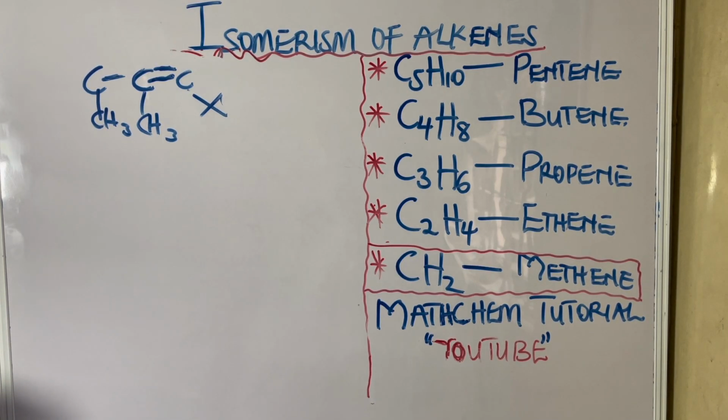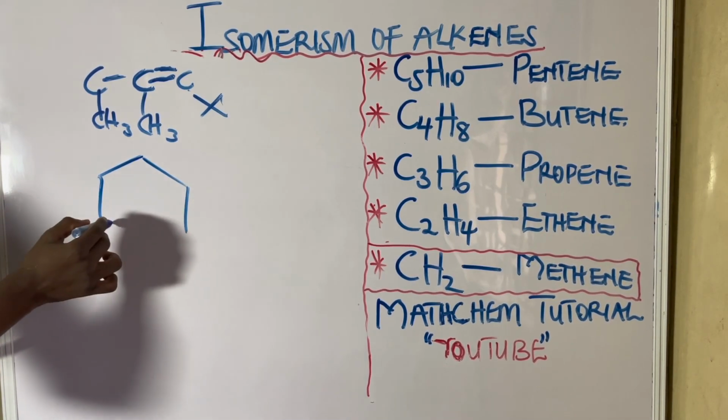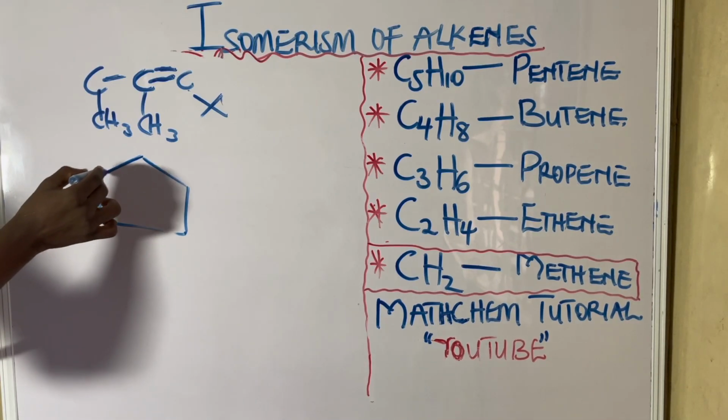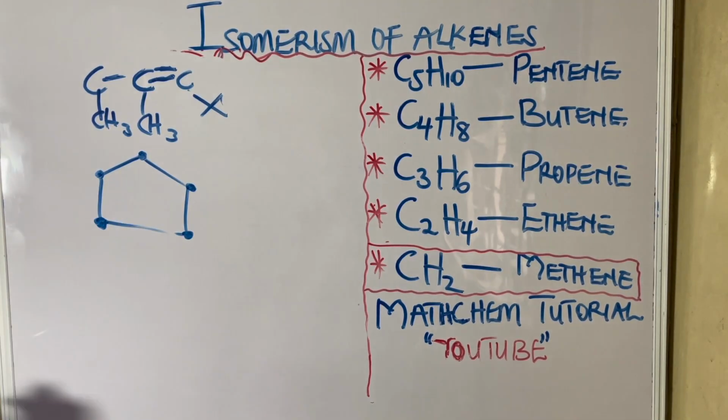So what am I going to do? The next isomer I can see from C5H10 is for me to have a cyclic pentane. So something like this, 1, 2, 3, 4, 5. Remember that all these places represent carbons, and this is C5.